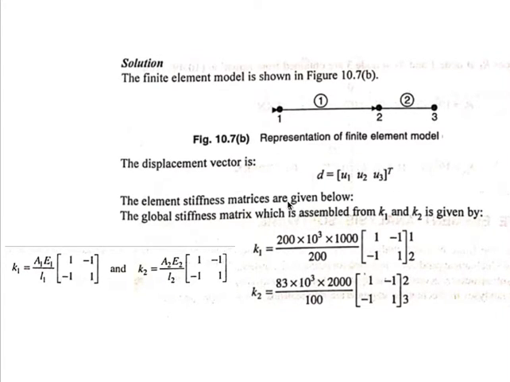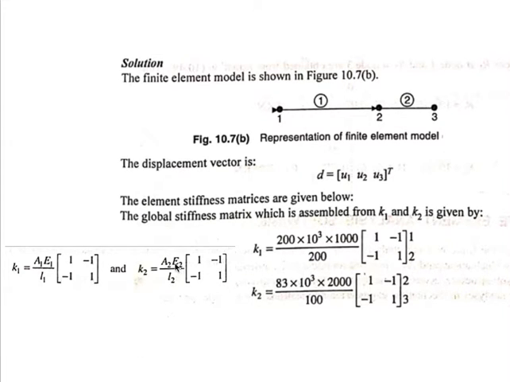The element stiffness matrix can be given as follows. We know the equation: K1, for element 1, is A1 E1 divided by L1 into the matrix of 1, minus 1, minus 1, and 1. And for element 2, K2 is A2 E2 divided by L2 into the matrix of 1, minus 1, minus 1, 1.